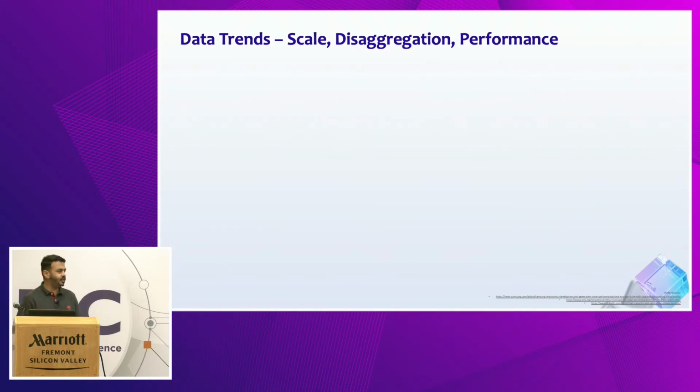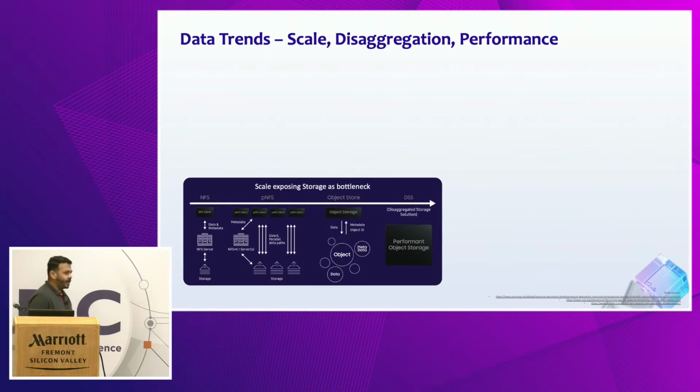So what we see today is the three things applications need: scale, disaggregation, performance. Talking about scale, another aspect is that these days applications don't care much how they access the data, but they really care what to access. They are all about objects, not about bits from the application perspective.